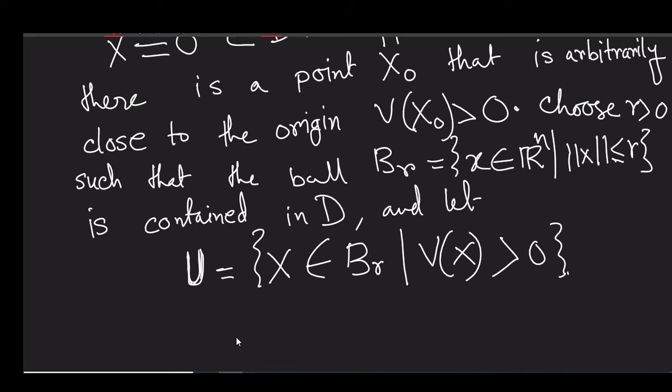Even if r is very small, or this Br is a ball of diminishing radius, continuously shrinking in volume towards the origin, it will still have some volume, and obviously some points will be there. And as those points are not at the origin, for all those points you will have V of x greater than 0.